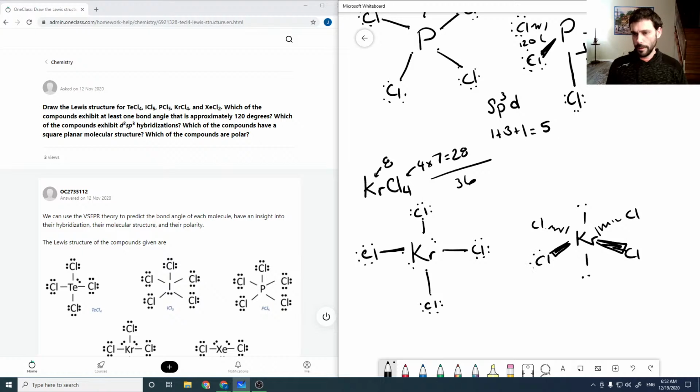And they're lone pairs. And again, the wedges are coming out of the page and the dashes are going into the page. Okay. So these angles in here are going to be 90 degrees. And since we have 6 bonding partners, we will need 1 plus 3 plus 2 to equal 6, so sp3d2.